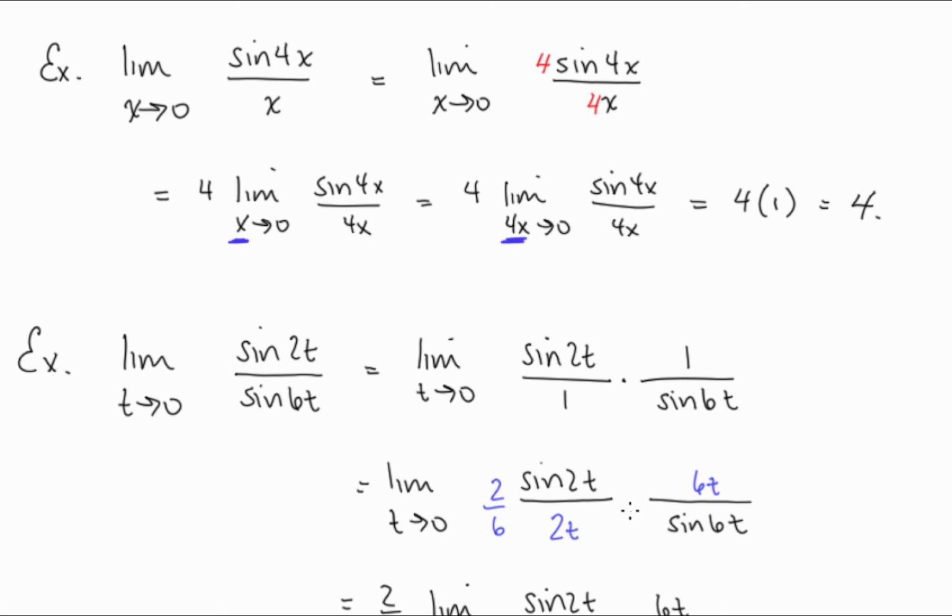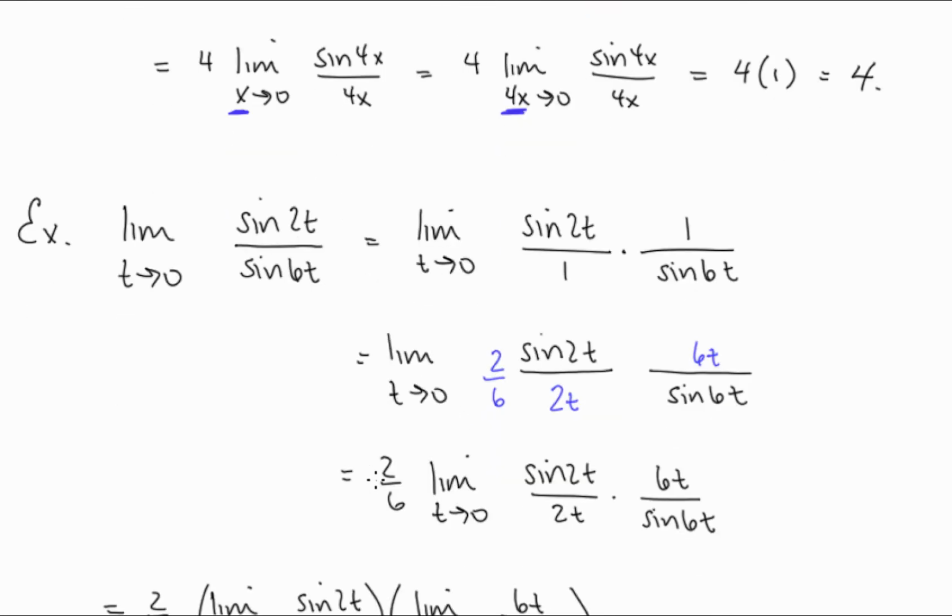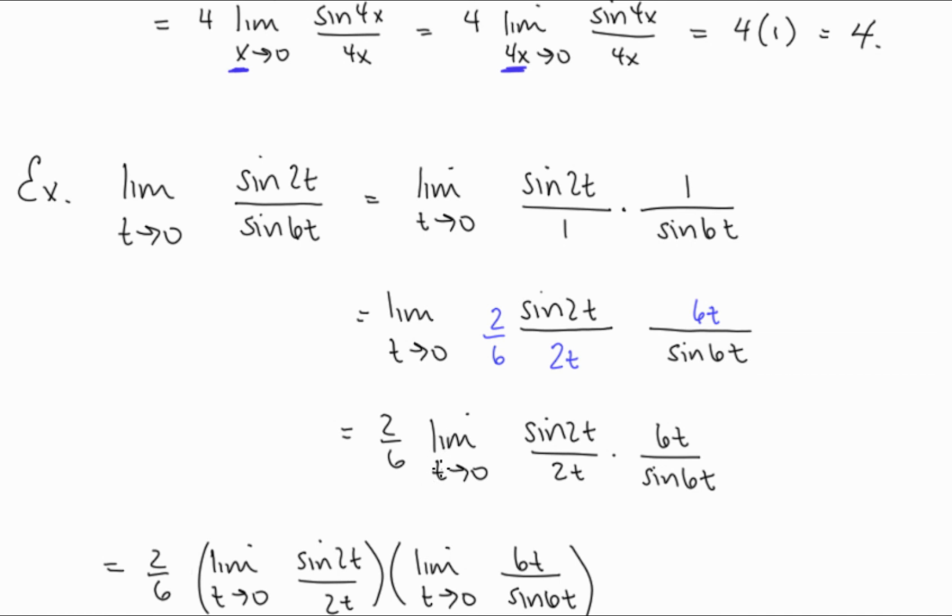The t's compensate each other, right? We have t over t here. So this 2 over 6 can come outside the limit. And now we have the limit as t goes to 0 of sine 2t over 2t multiplied by 6t over sine 6t.